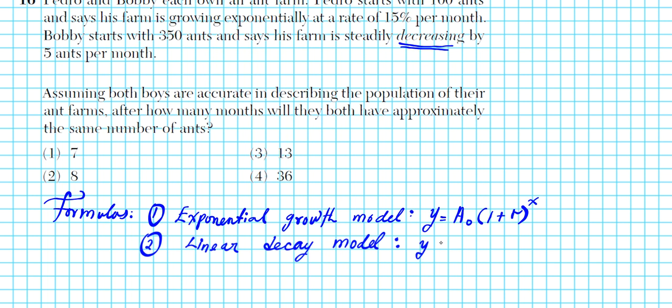So in this case, y equals mx plus b, but m is going to be negative, with a negative sign on our slope. That'll help us with the decay situation.